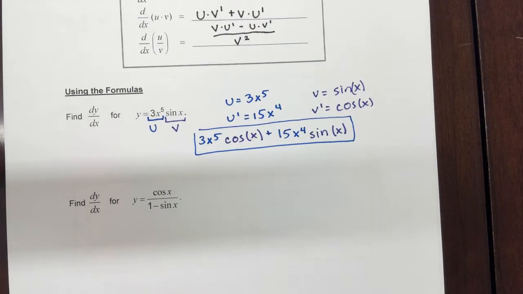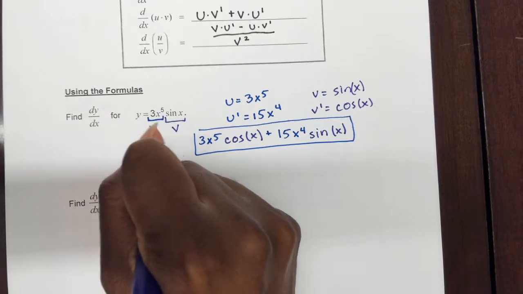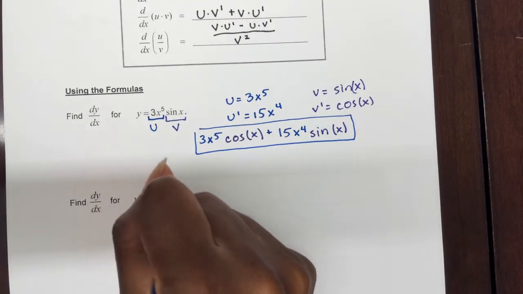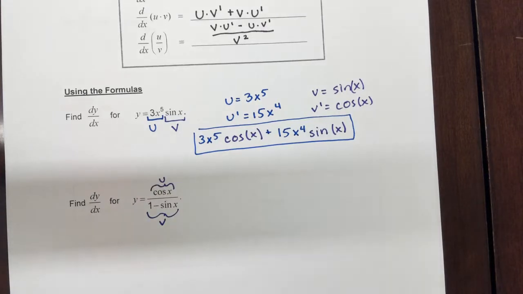So now, using quotient rule, we have a function divided by a function. So I'm going to take the top function as u, the bottom function as v.